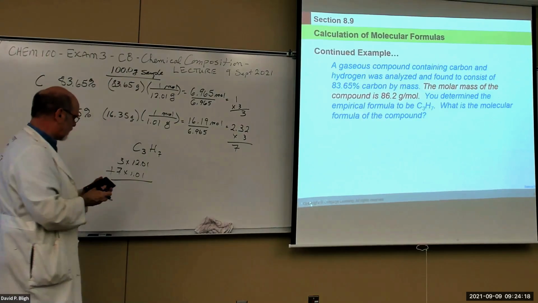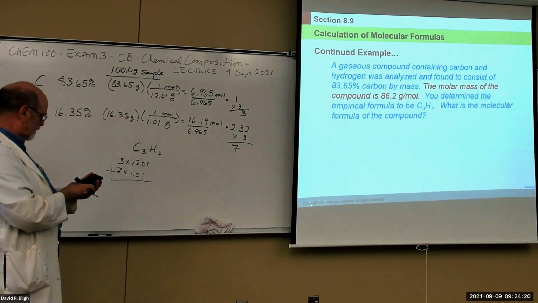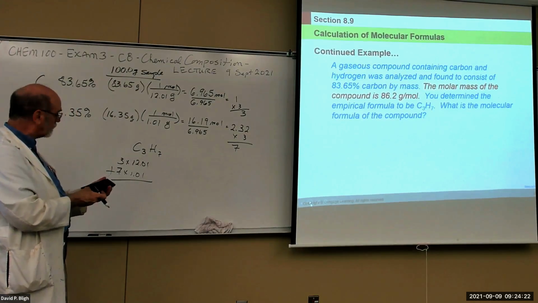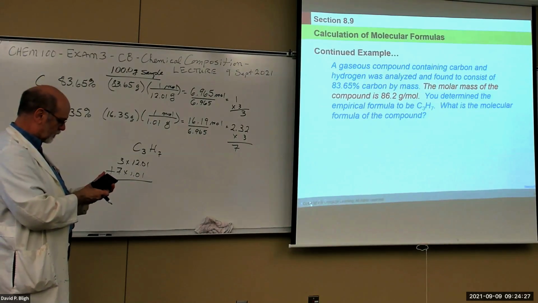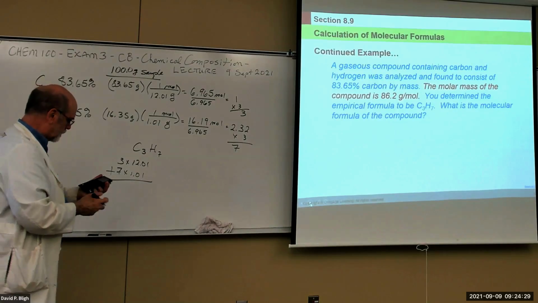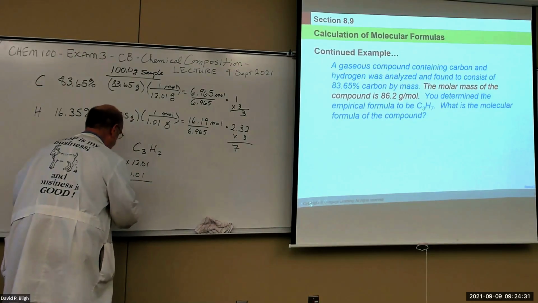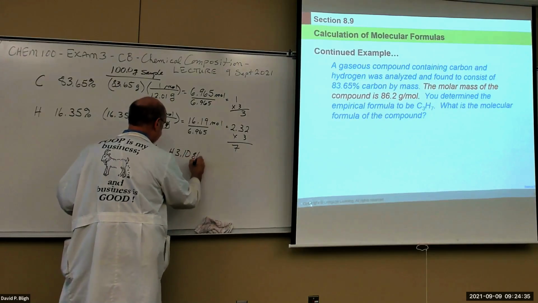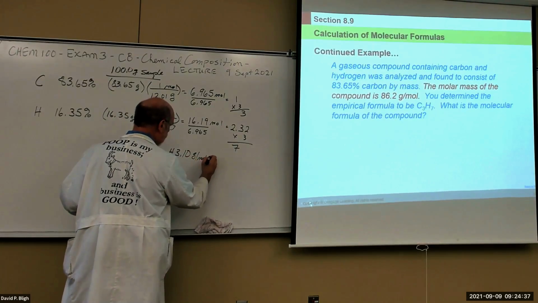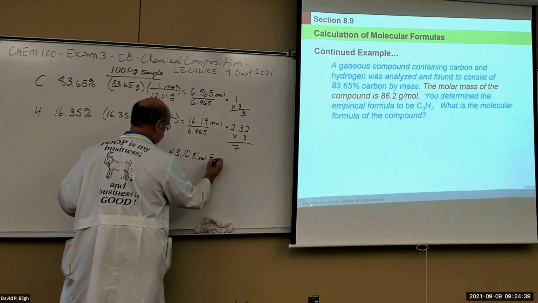Right, add those together. Let's see, that's 36.03 for carbon and 7.07 for hydrogen is 43.10. So 43.10 grams per mole of empirical formula.